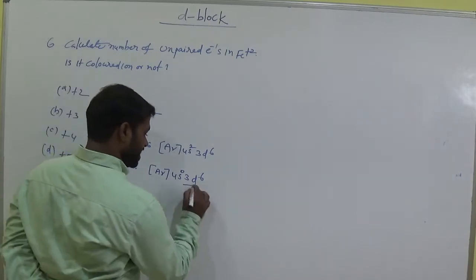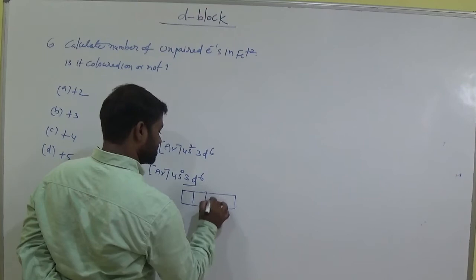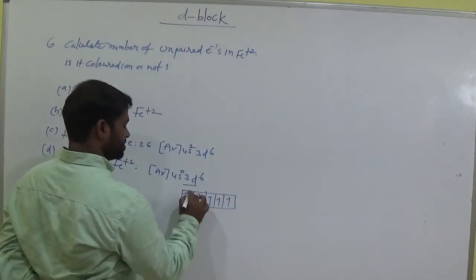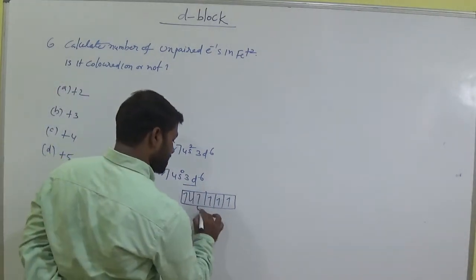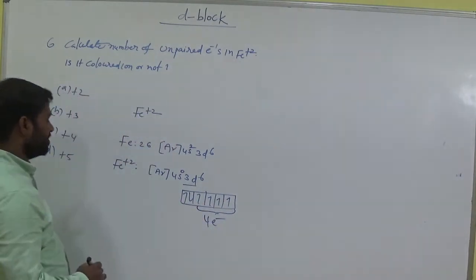How many electrons exist here? 6 electrons in 3d6. Now how many unpaired, that means single, electrons are possible here? Clearly 4 electrons are single.